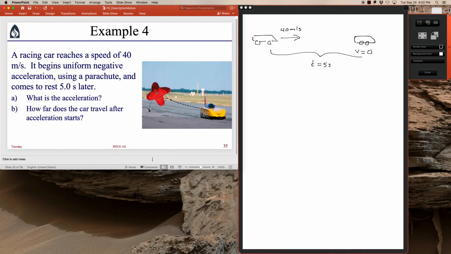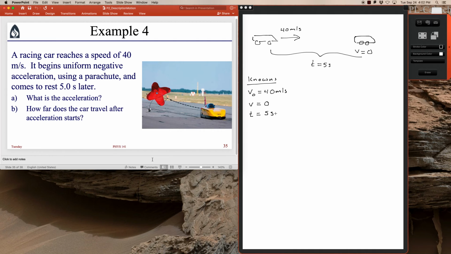All right, so the next thing I should do then is to make a list of my knowns and my unknowns. So one of the things that I know is the initial velocity of the car. My initial velocity is 40 meters per second. I also know the final velocity of the car is 0, and the amount of time that elapsed between those two states was 5 seconds.